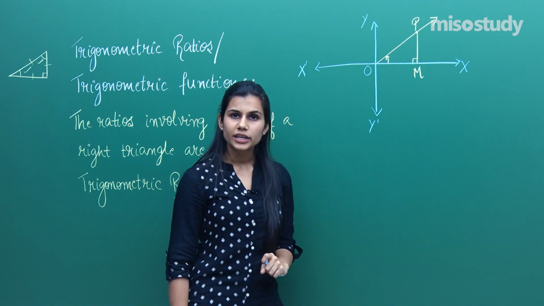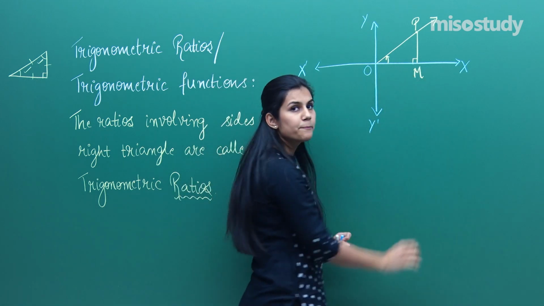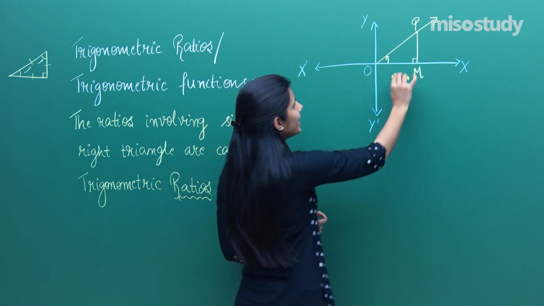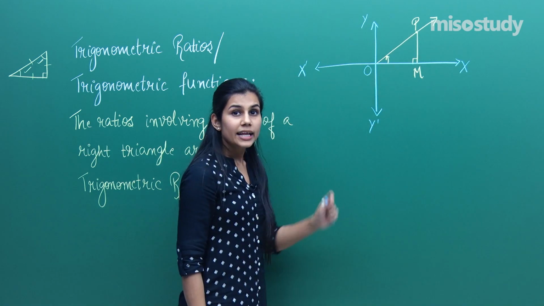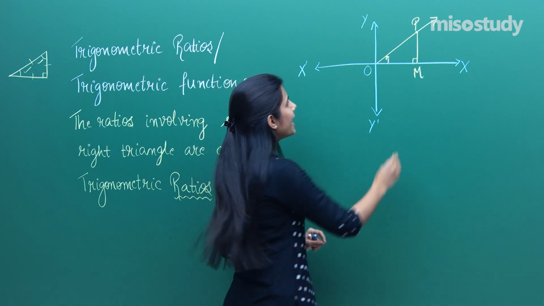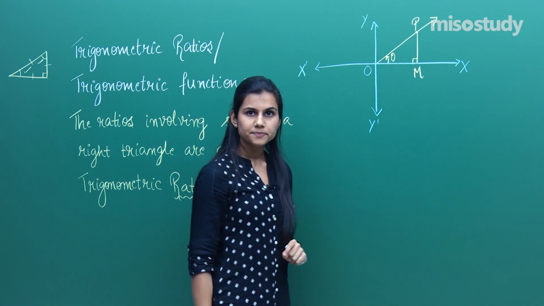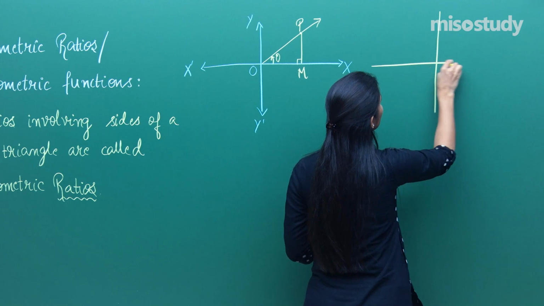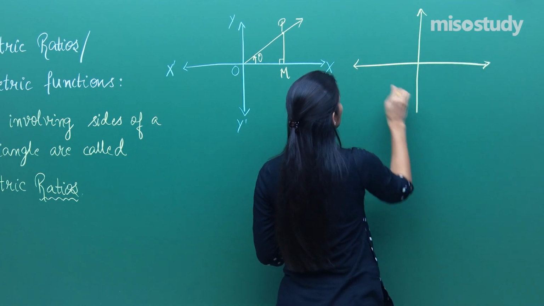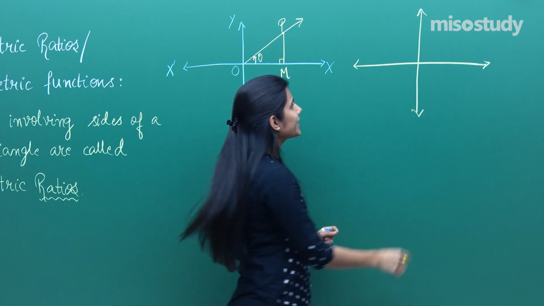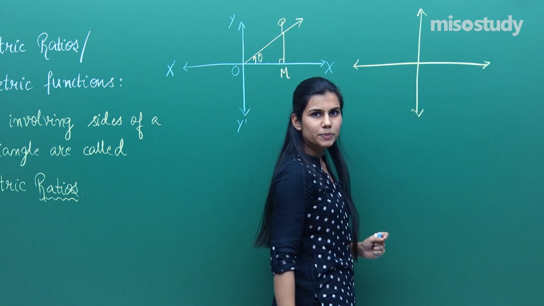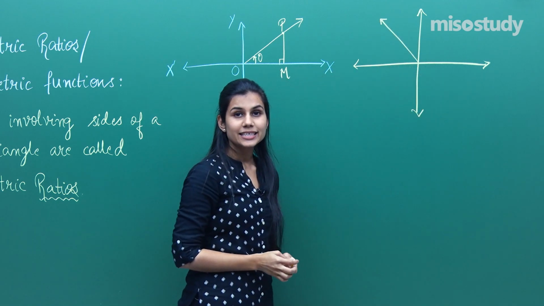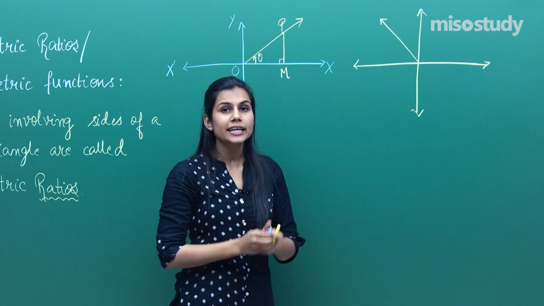Now what I did over here was, I started rotating the positive direction of the x-axis, which I took as the initial side, and I ended up at the terminal ray lying in the first quadrant, and that resulted in an angle theta. I can do one more thing: I can also start rotating this particular side and reach up till here, that is, the terminal ray lying in the second quadrant.